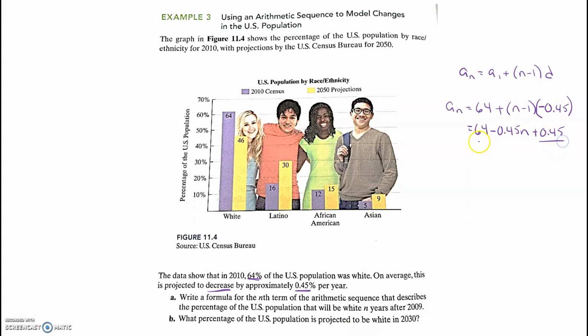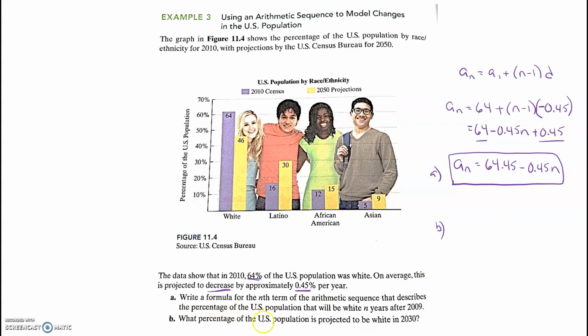And we can combine some like terms here. So we have a sub n equals 64.45 and then minus 0.45n. So there is my formula, if you will, for the nth term. So I can plug in whatever my n is and I should be able to get out what the percentage is. So that is part A.